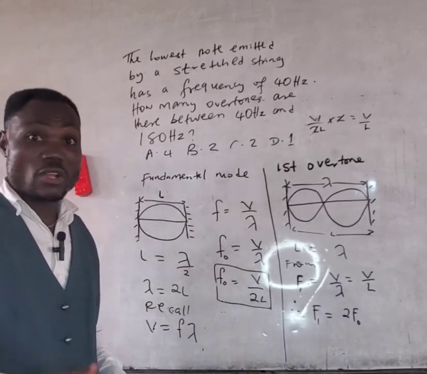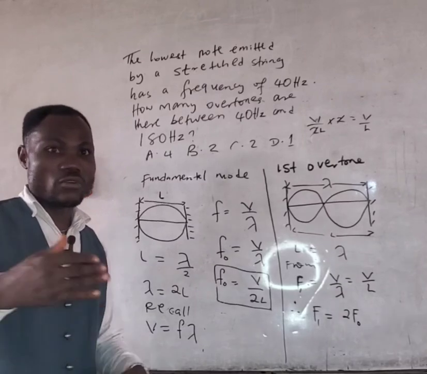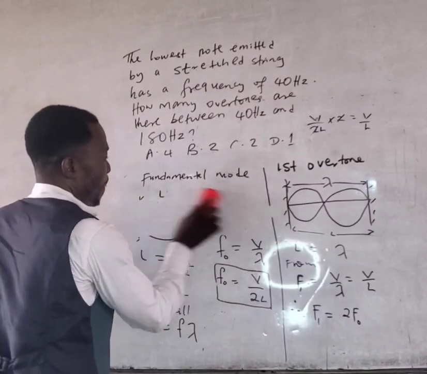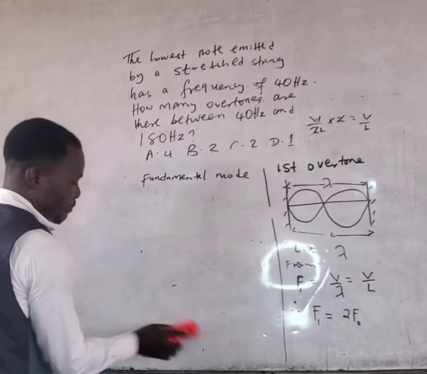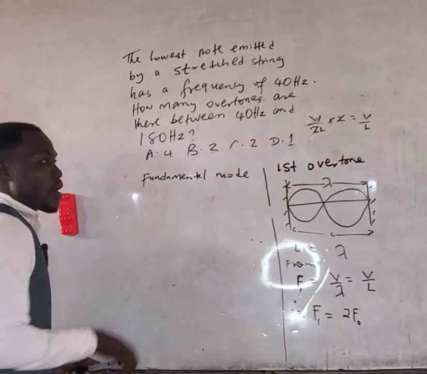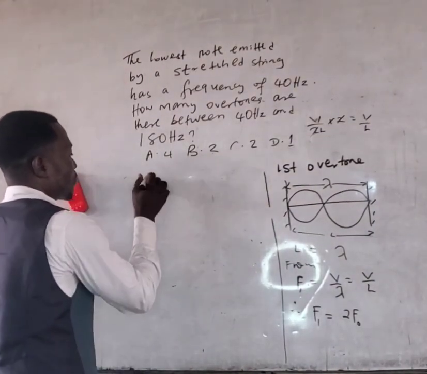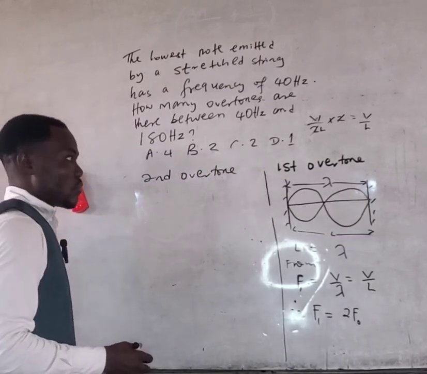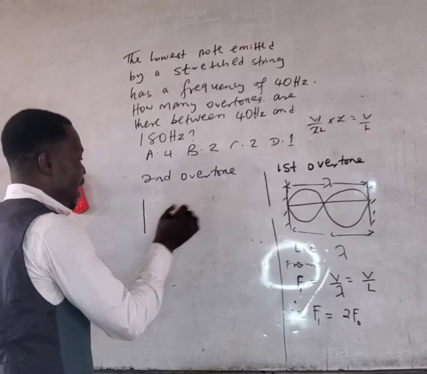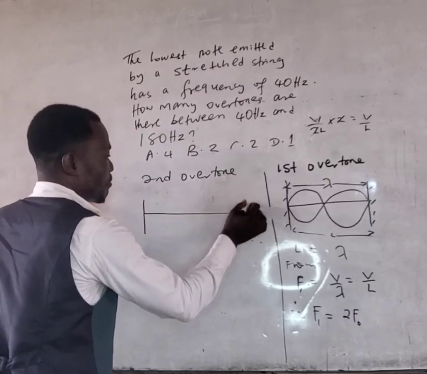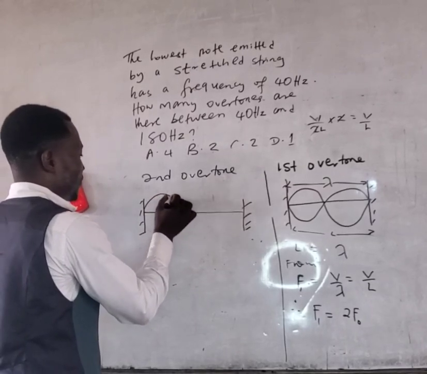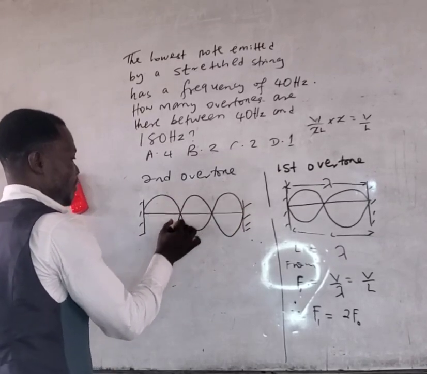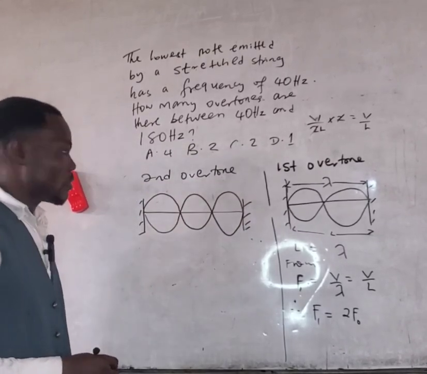Let's look at the second overtone. At the second overtone, we have an extra loop added, just one extra loop.